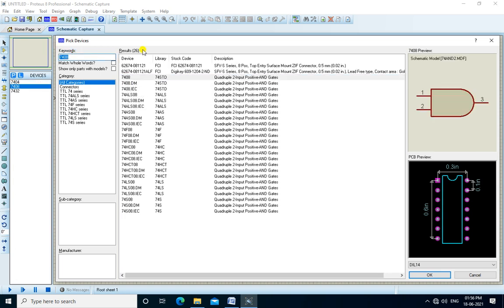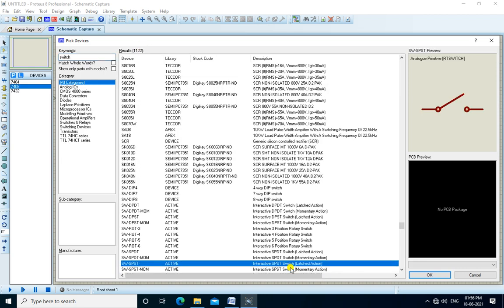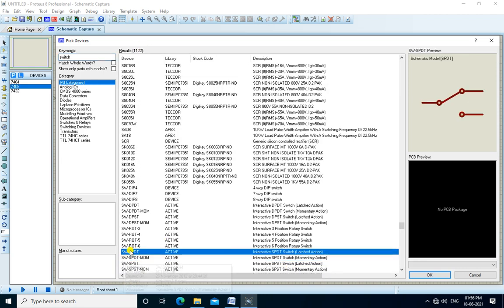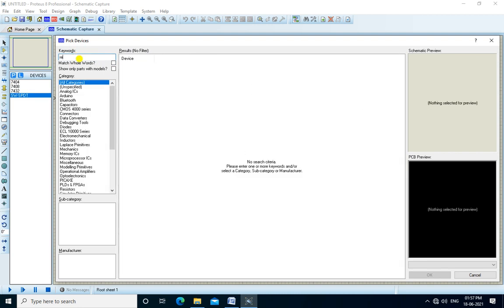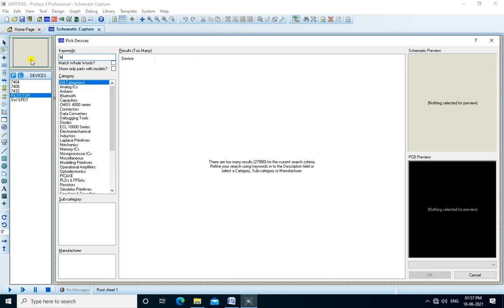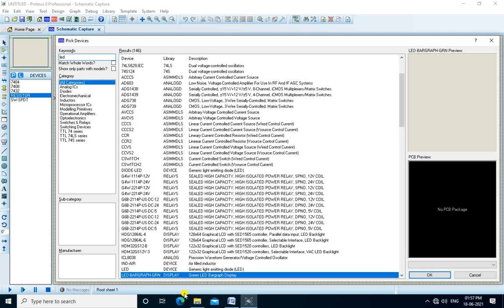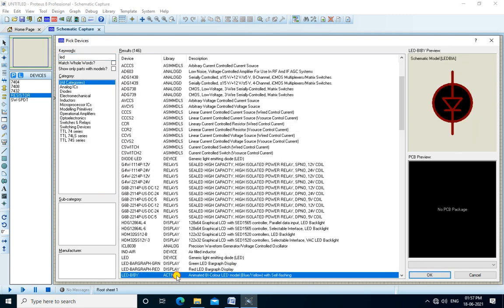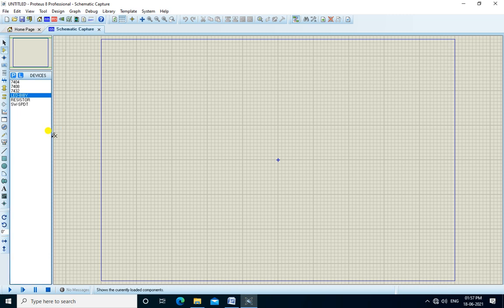Then we need two toggle switches, then a resistor, and LED. Okay, all the components are listed here.